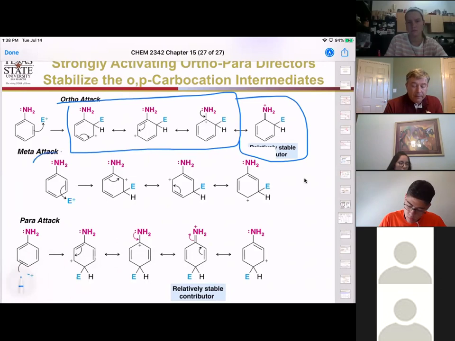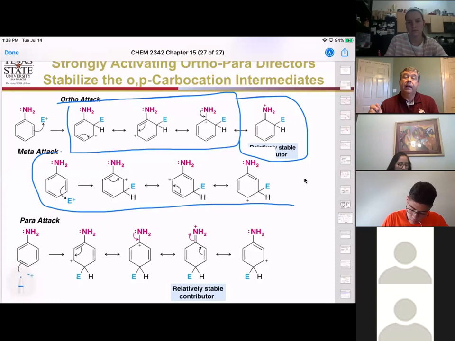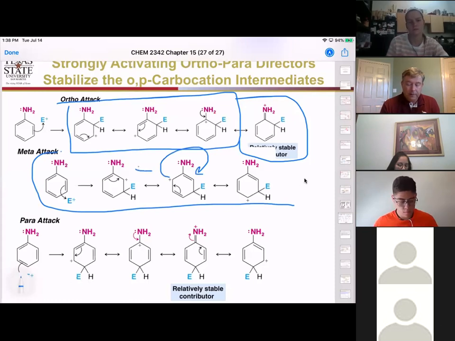If we meta attack right here, we actually end up skipping over that electron-rich atom. We have the positive charge move from this side to that side, going in that direction there. So it cannot, by conjugation, stabilize that positive charge, and we only have 3 resonance contributors.